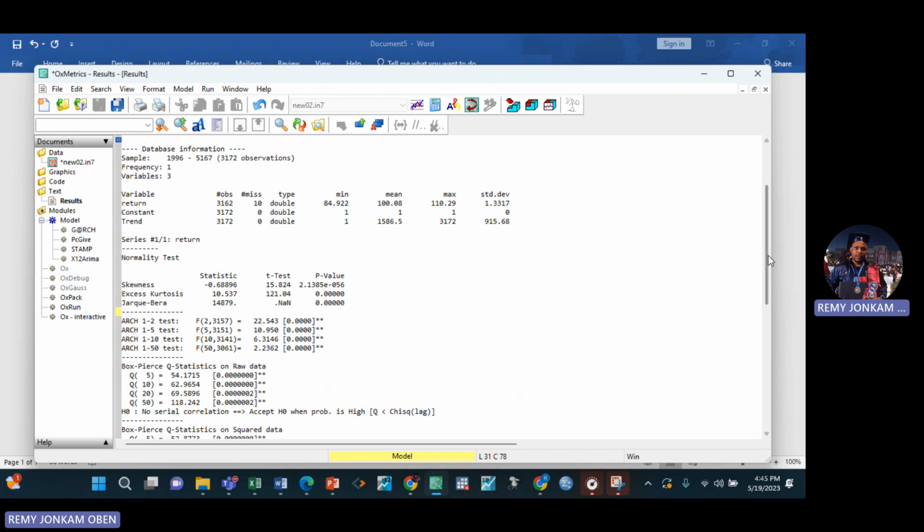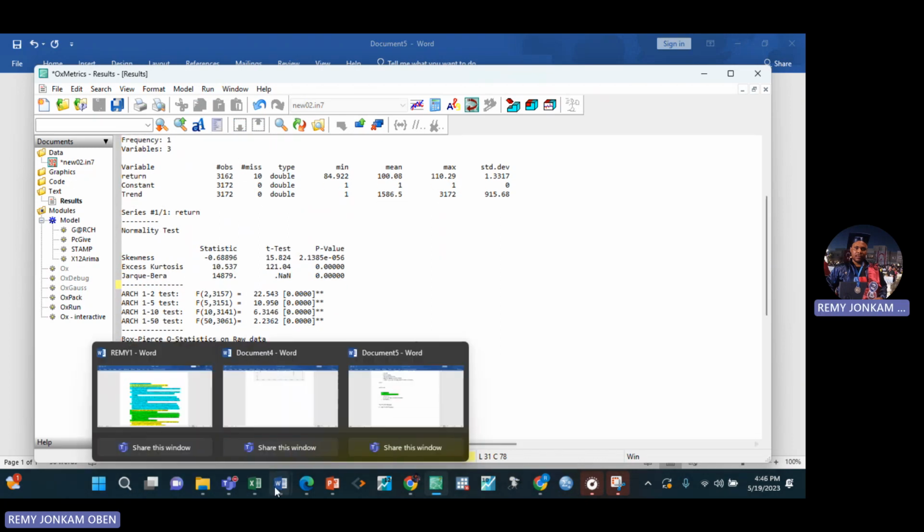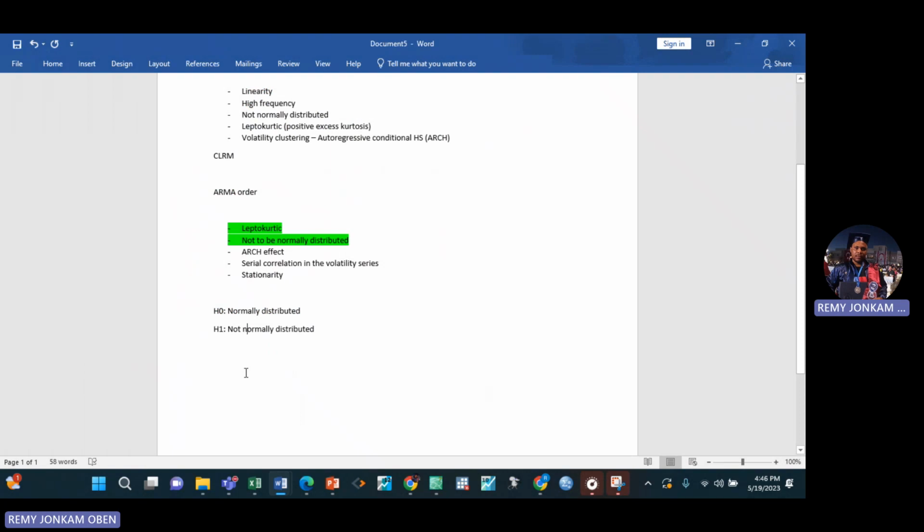Next, let's check the ARCH test. For the ARCH test, I will write the hypothesis. So this is for the ARCH test. Now for the ARCH test, what is the null hypothesis? The null hypothesis is telling us that there is no ARCH effect. The alternative is telling us that there is ARCH effect.